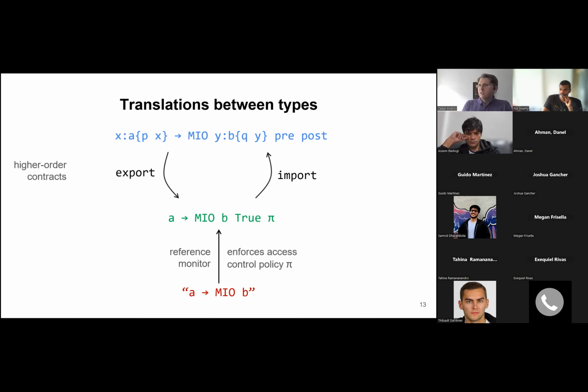If we have a function and we prevent it from opening, for example, etc password, we can say about that function together with the reference monitor that it doesn't open etc password, right? So by enforcing this access control policy on a weakly typed function, it gives us this intermediate type function.